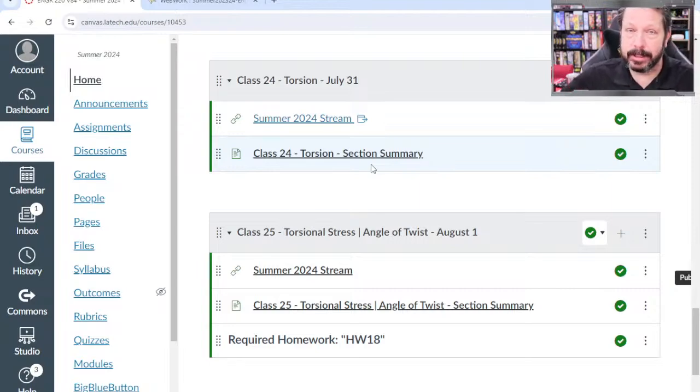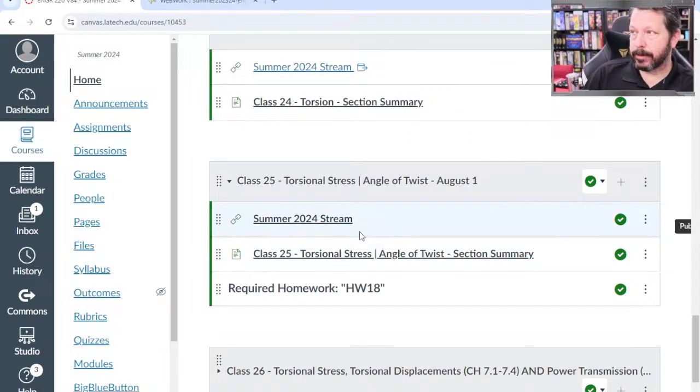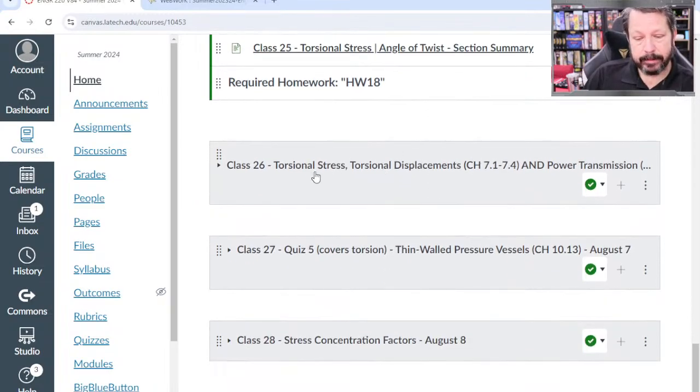We're actually going to continue looking at the torsional shear stresses, but we'll add on the idea of angle of twist. Just looking at the remaining schedule, we've got today with angle of twist. Then we've got a wrap up on torsion, and we're going to add in the idea of power transmission. A lot of times that's what an engineer is doing with one of these shafts, transmitting power from an engine to a transmission or whatever it might be.